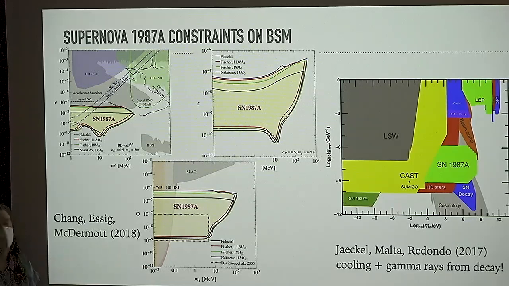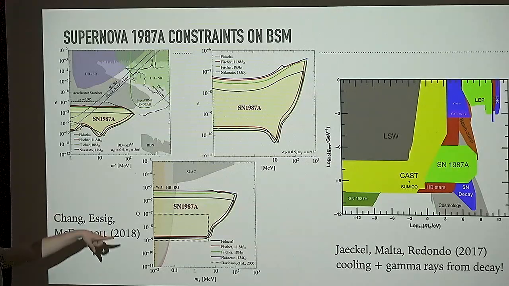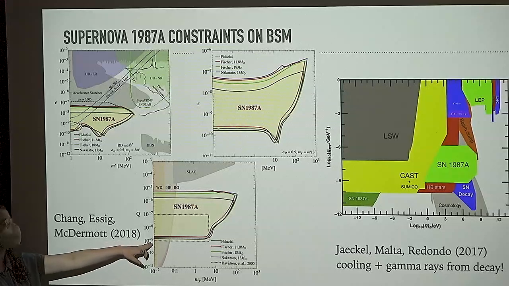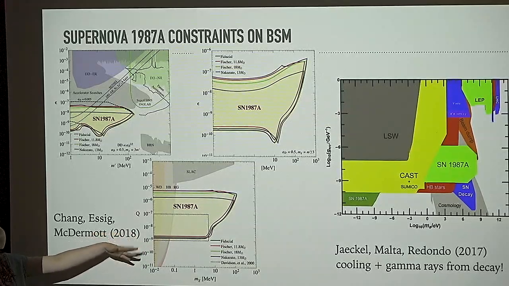If the dark photon is ultra light, by dimensional analysis it looks like the particle is just charged under the photon. All three of these curves have in common that they come down to 10 to the minus 9, so maybe not as good as what you can do with a regular star.